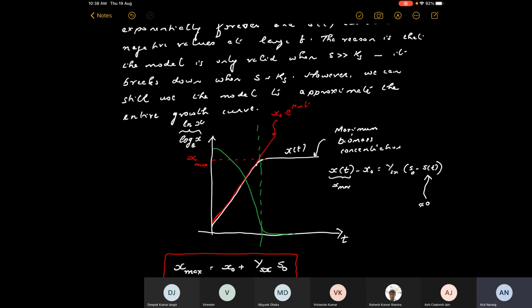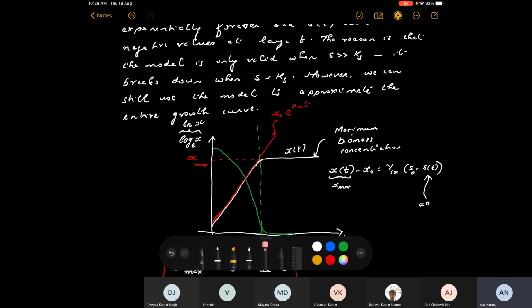But our model doesn't allow that. It just keeps on allowing the cells to keep on growing. But the way we work around it is, stated another way, our model breaks down into two pieces. Maybe I'll show the other piece like this.